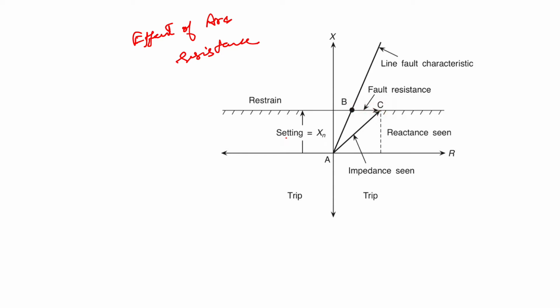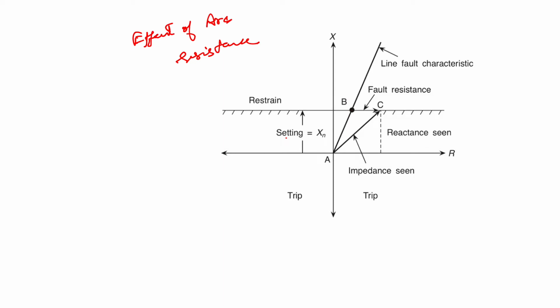So BC is the fault resistance due to the arc. It can be seen that the impedance seen by the relay, that is AC, still remains within the trip region, and thus the reach of the reactance relay remains unaffected in spite of the presence of arc resistance in that case.